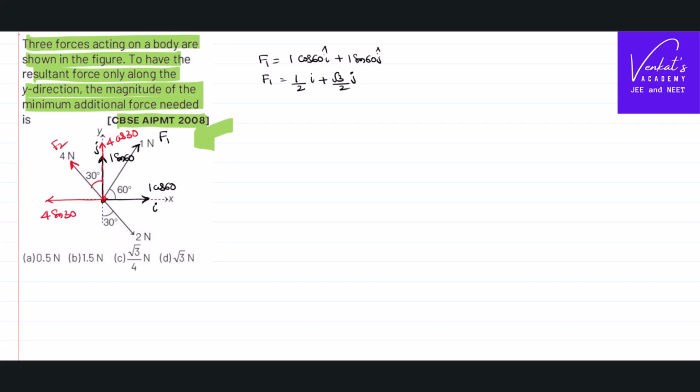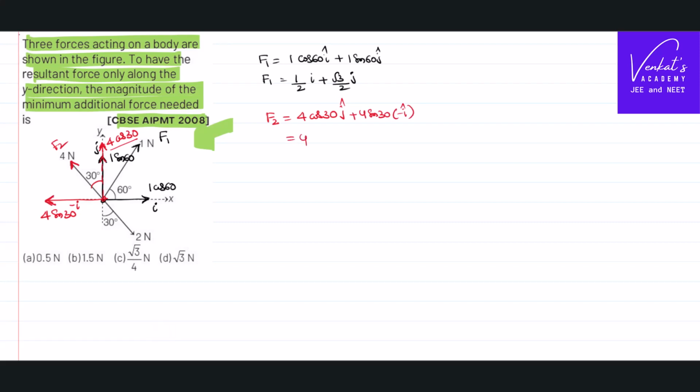As the vector is outward, both the components are also outward. This is the negative x-axis, therefore this is minus i cap. So I can express F2 in vector format. Its y component is 4 cos 30 plus j cap because it's along the positive y-axis, and 4 sin 30 minus i cap because it's along the negative x-axis.